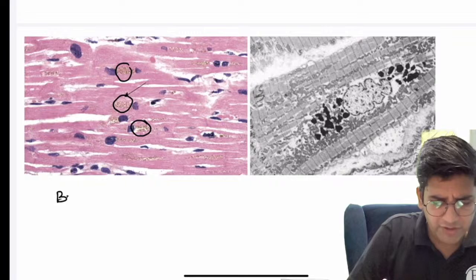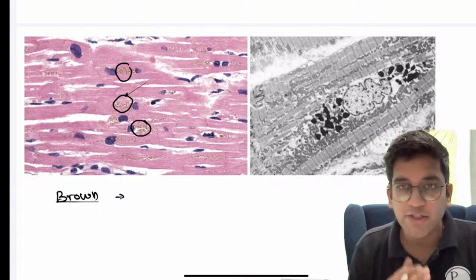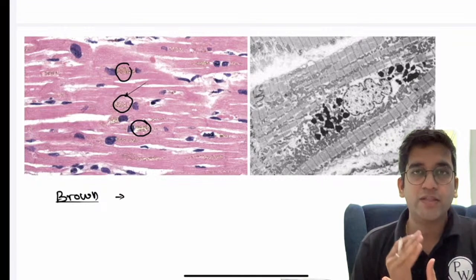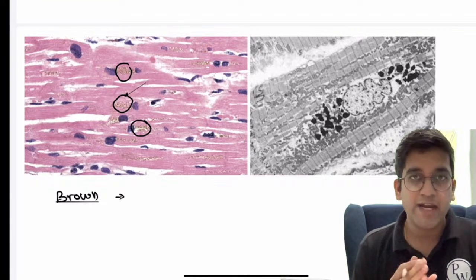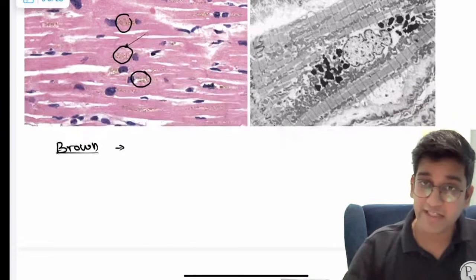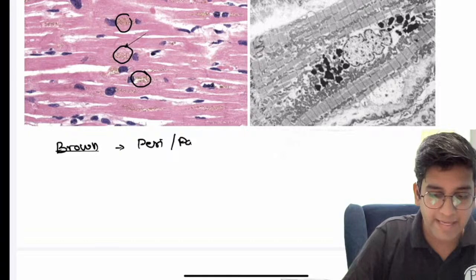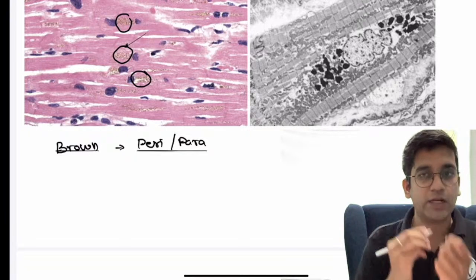So lipofuscin is a brown color pigment. Fastest finger first: what is the location of lipofuscin in a cell, or what's the clue for diagnosing lipofuscin? It's a wear and tear pigment. Perfect. The clue is the perinuclear or paranuclear location, in and around the nucleus.